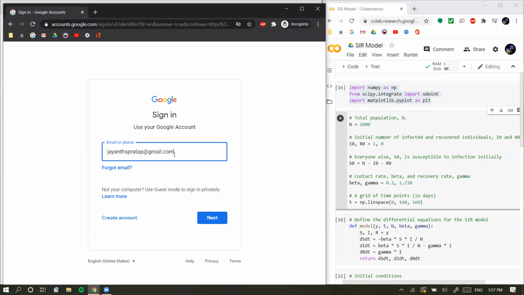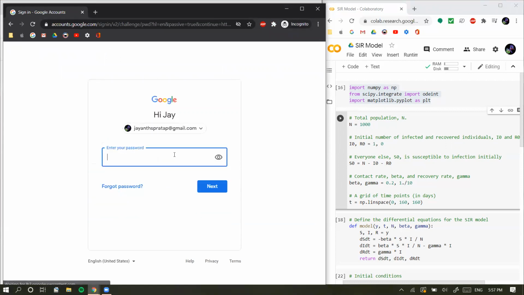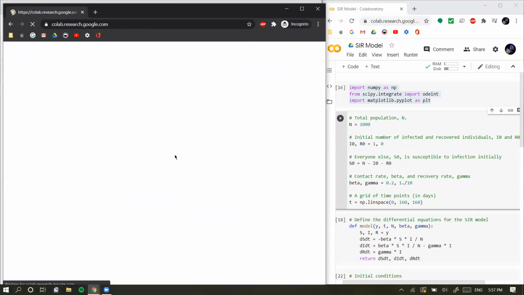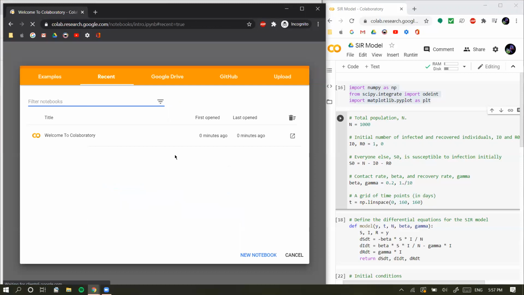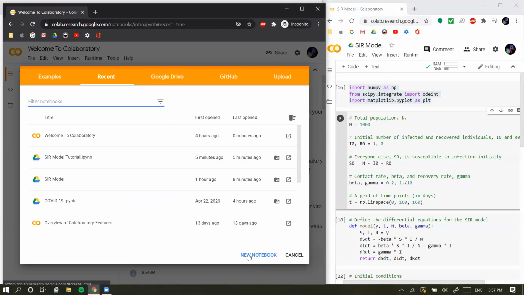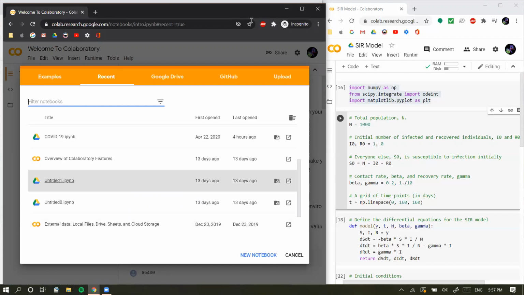Did you sign in with your Google account already? Yeah. Okay, so when you sign in, it takes you to a page like this, and you just click New Notebook at the bottom. Oh, wait, just a second. One second.